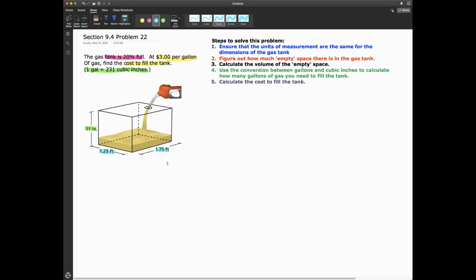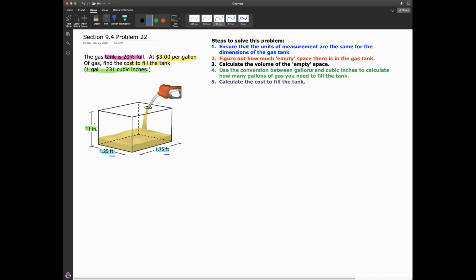If I want to calculate volume, since this section is about volume of prisms, I should change these units so that they are all the same. My recommendation, which you don't have to take, is to change these units from feet to inches.